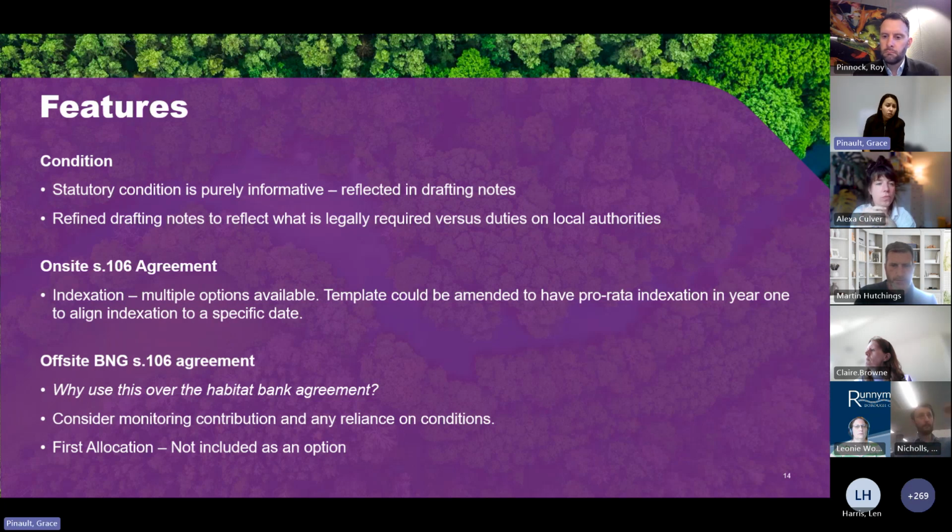Our drafting notes also reflect what's legally required versus duties on local authorities. There's a duty on local authorities to be satisfied that the on-site biodiversity gain will be secured for 30 years from the completion of development. That doesn't necessarily snake its way into the statutory condition, but it's there to understand that holistic view in terms of what the responsibilities are when discharging that condition.